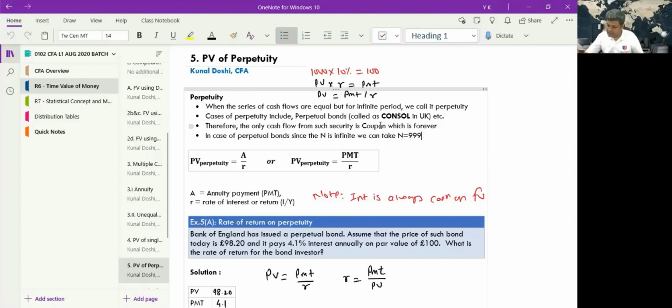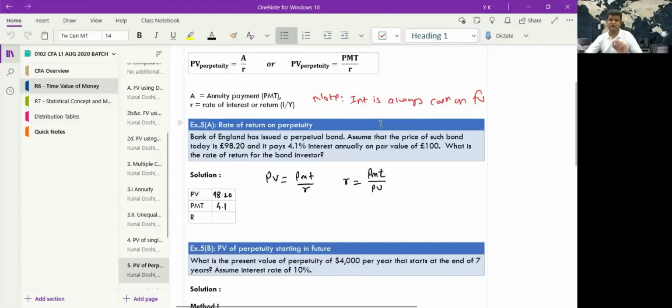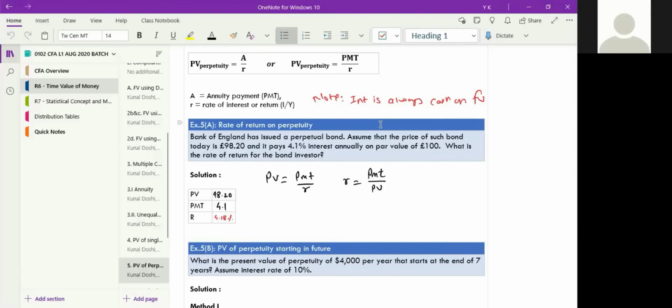What is your answer, guys? It will be slightly higher than 4.1. 4.18, correct? So interesting thing here, if you have price, if you have return, then you can find the third part, that is you can find the annuity.